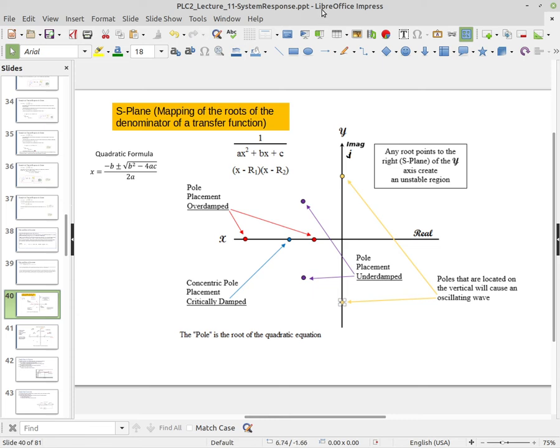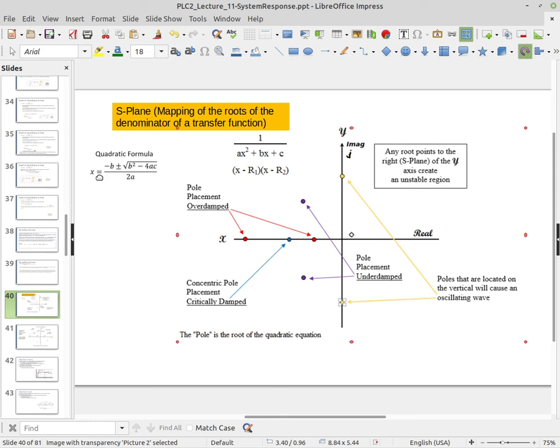take the denominator of this, remember the quadratic formula from algebra class? If we look at that, we have ax squared plus bx plus c for the quadratic formula. I should probably have used s instead of x here, but this is just showing you the form of the quadratic formula.